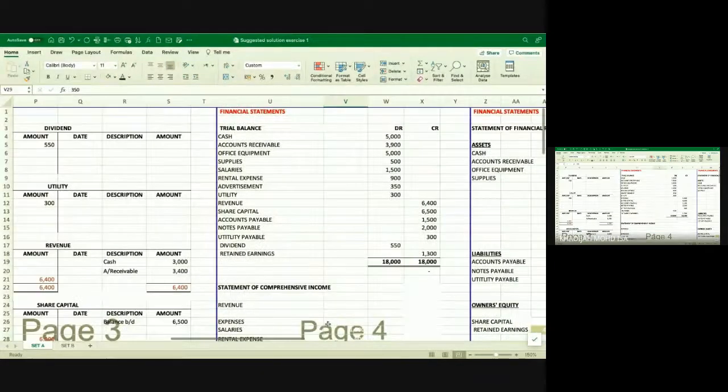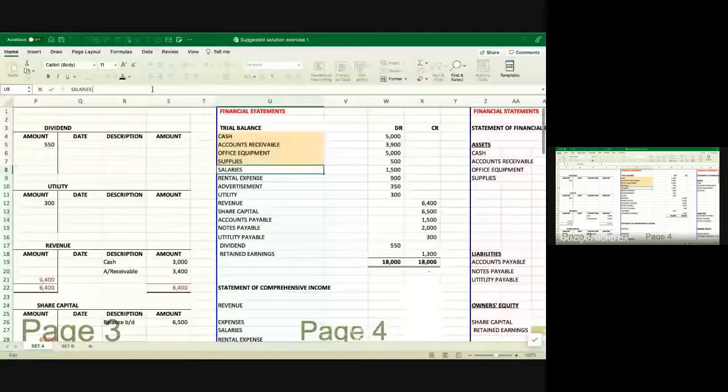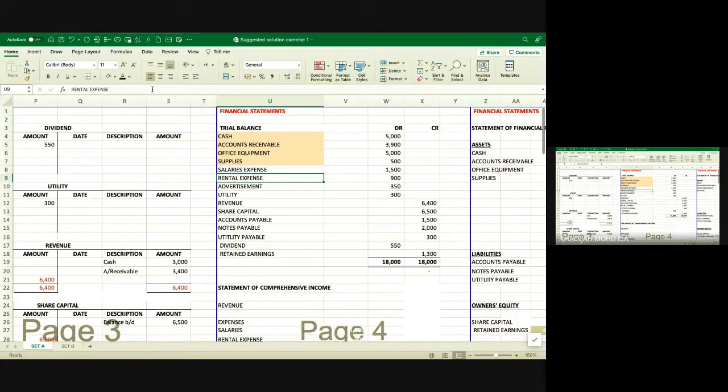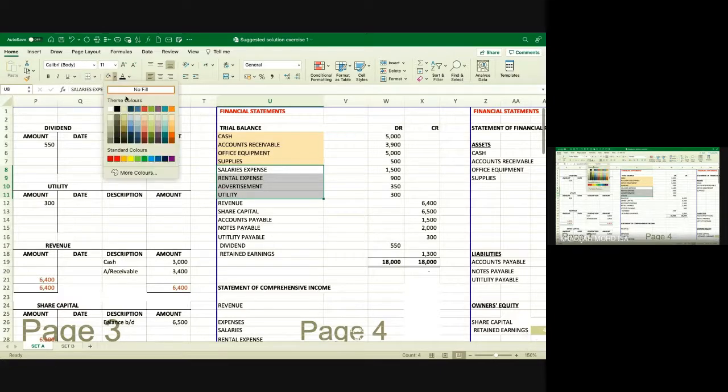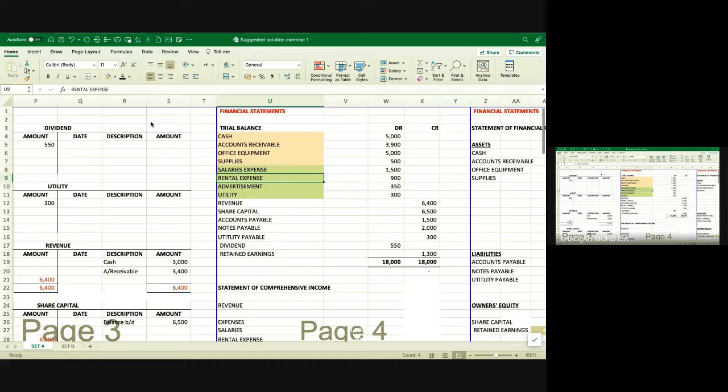So before you do that, identify your accounts. You have the first few here, which is your asset, so I'm going to mark your assets like that. Salary is your expense here, I put it as a salary expense, so that is clearer to you. Utility is also an expense, so we put a different color. Revenue is part of your profit and loss account.